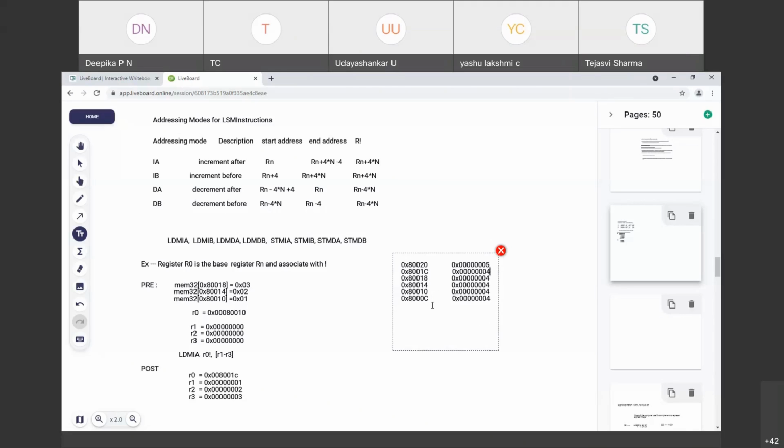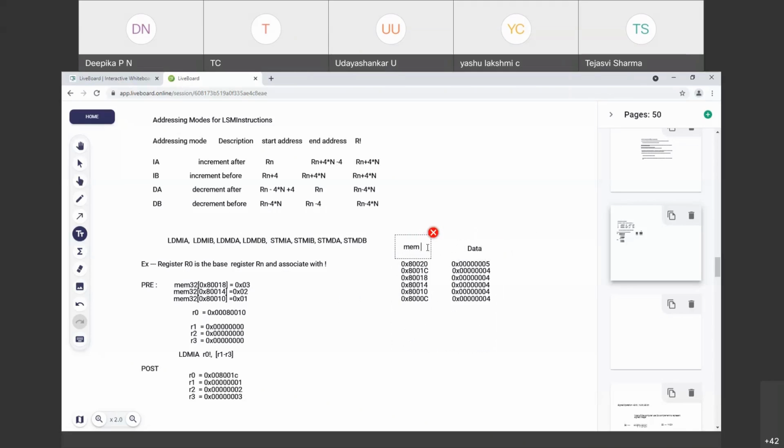Whatever may be the memory location, either 8-bit, 16-bit, or 32-bit, we can easily map and upload the data according to our requirement. Now, the interesting point is what we wanted to show here. This is my data, and this is my memory address.